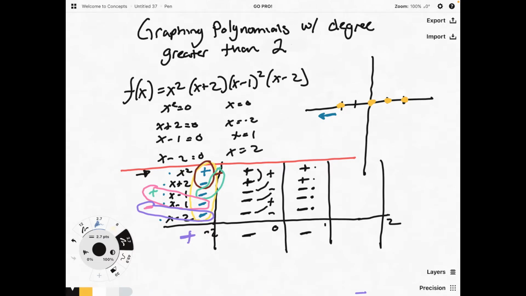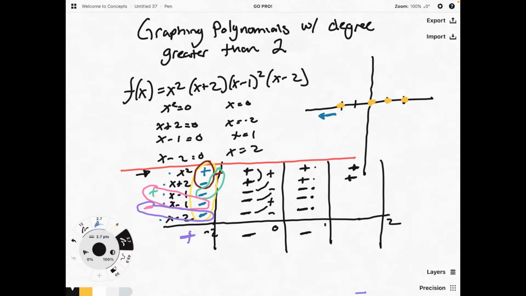All right, looking at values between 1 and 2, let's choose 1.5. We're going to do the exact same thing. We're going to do 1.5 into x squared. That's going to be a positive value. 1.5 into x plus 2 is going to be a positive value.